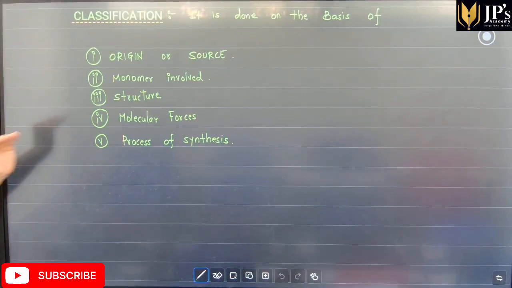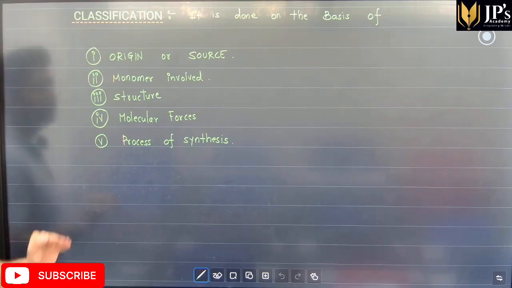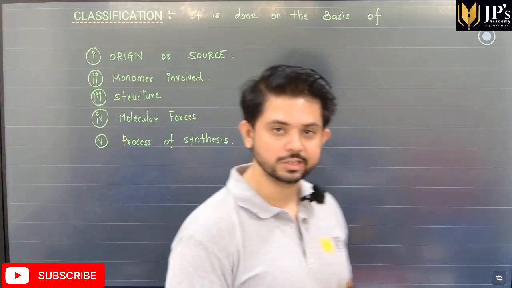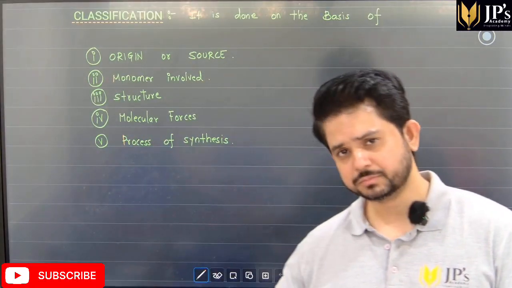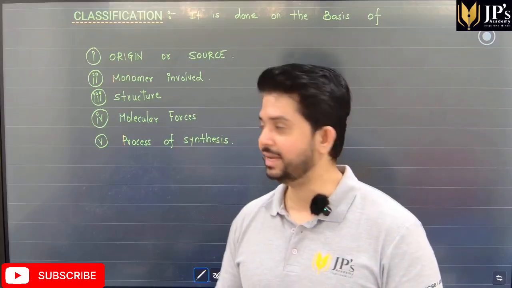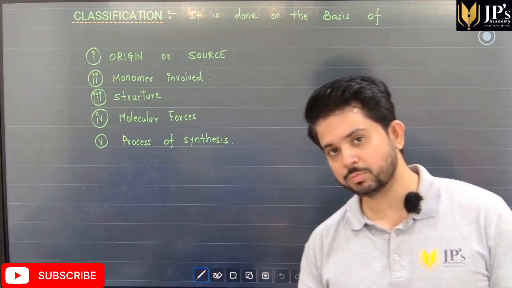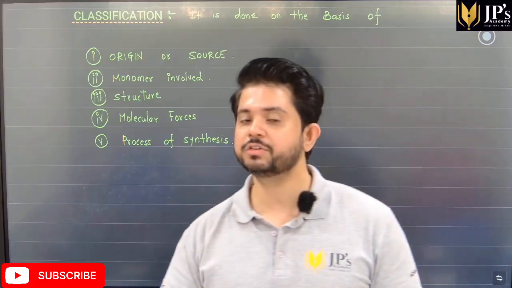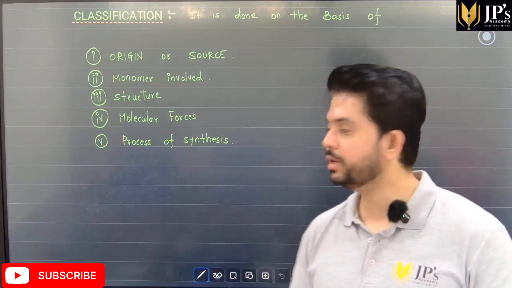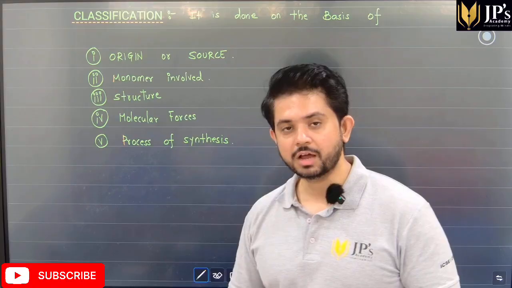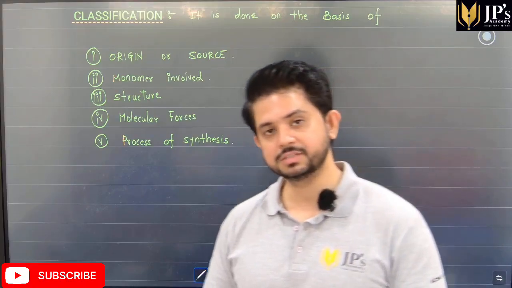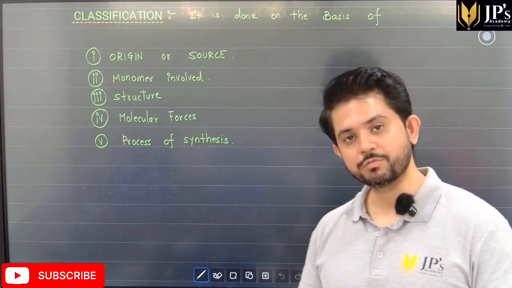Let's classify polymers. Polymers are classified on the basis of their origin or their source, whether they are naturally obtained or they are made in lab. Then monomers involved, are there single monomers or are there multiple different monomers in a single unit? The structure, are they elastic, are they fibrous, or do they soften on heating?